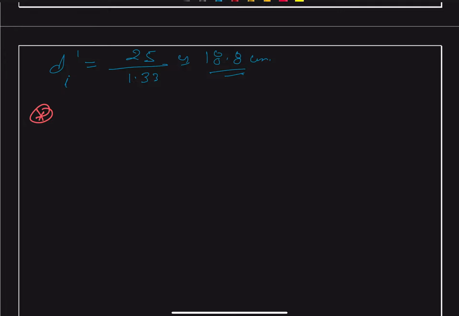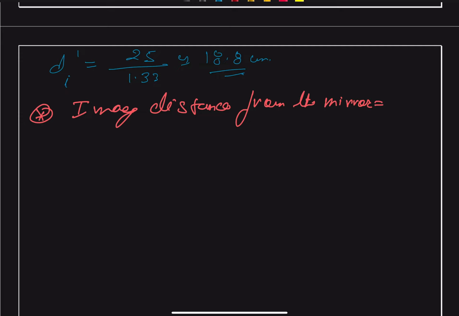So we can say image distance from the mirror, that is our V. So we can write V will be equal to dm, the distance of mirror above the water, plus the apparent depth of the image, that is di prime. So we get 15 plus 18.8. This will be giving us close to 33.8 centimeters.